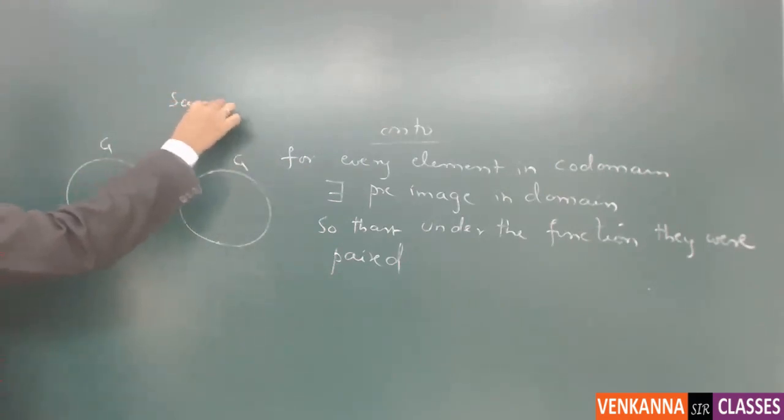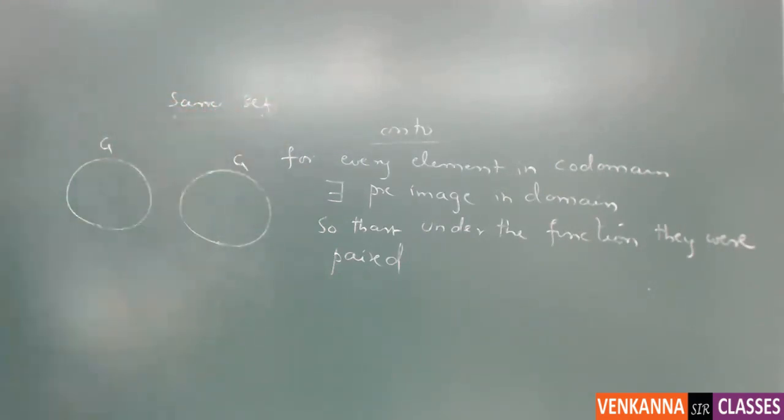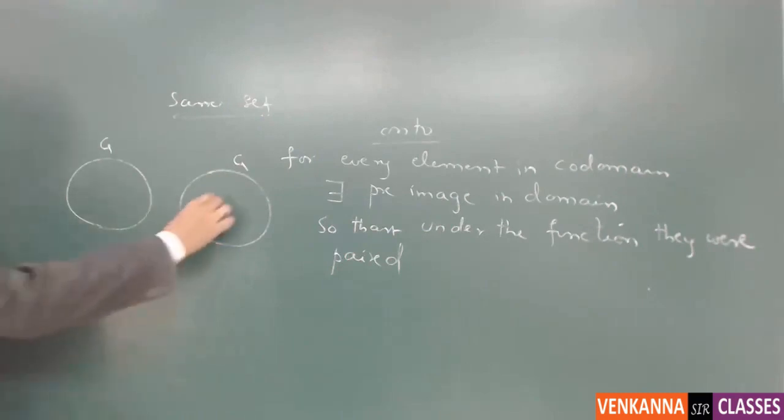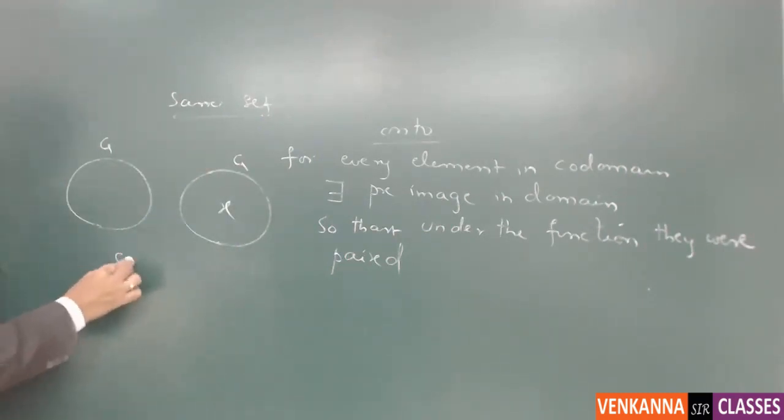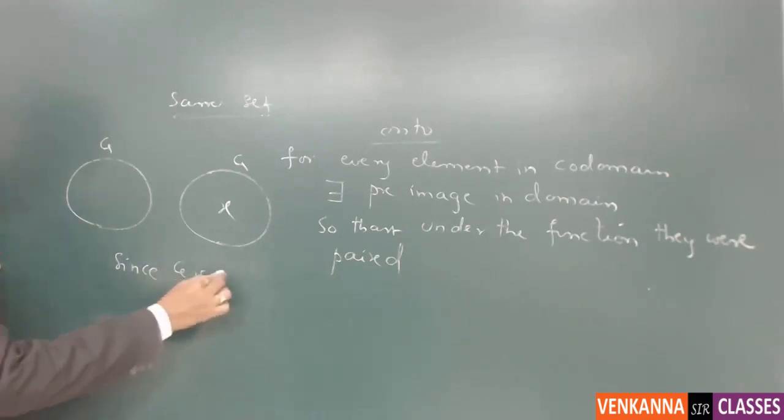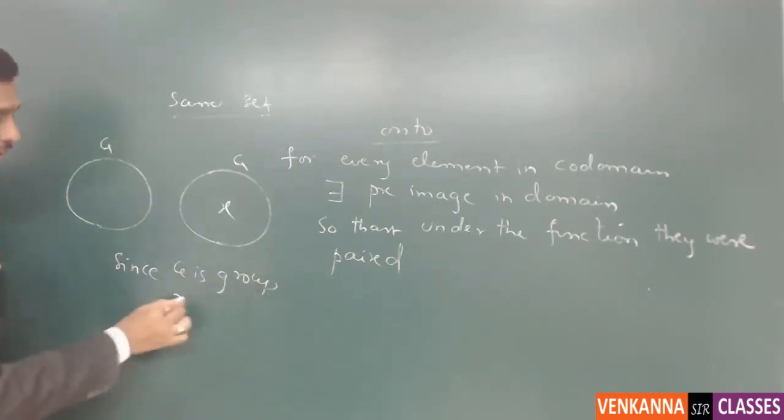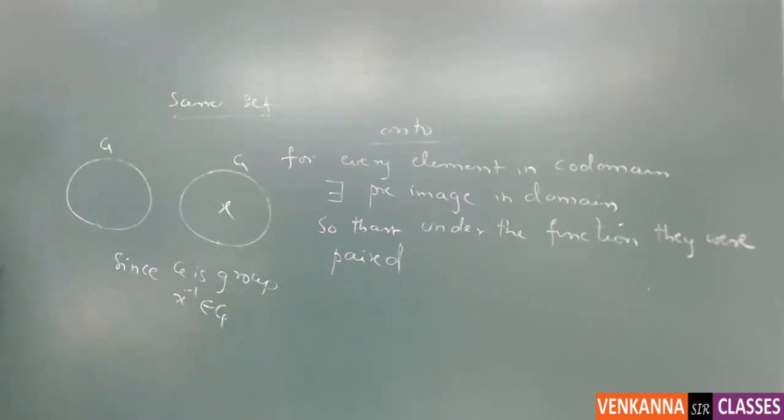This is the same set. Domain is the group G. Codomain is also the group G. You are taking a function, the set to itself. You are not taking a different set. What are the elements here are the same elements here also. Nothing changed at all. So if you take X in the codomain, since G is group, so X inverse belongs to G. So X inverse is a part here and here.